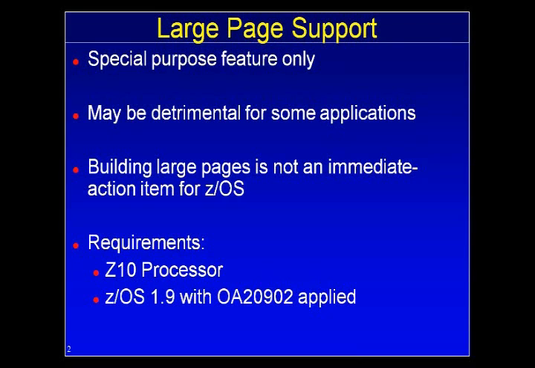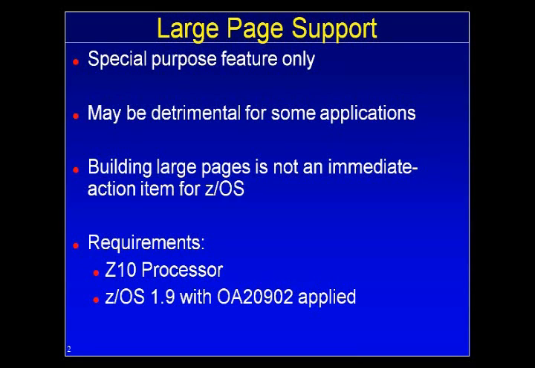For the most part, this is likely to result from overcommitment of resources rather than the application itself suffering as a direct result of the large page support. In addition, z/OS does not consider building large pages an immediate priority or action item when they are requested.